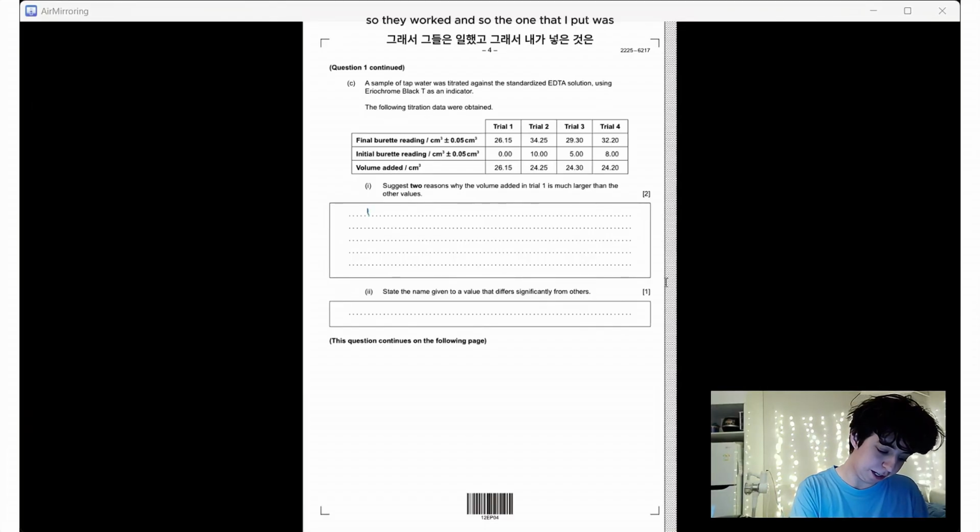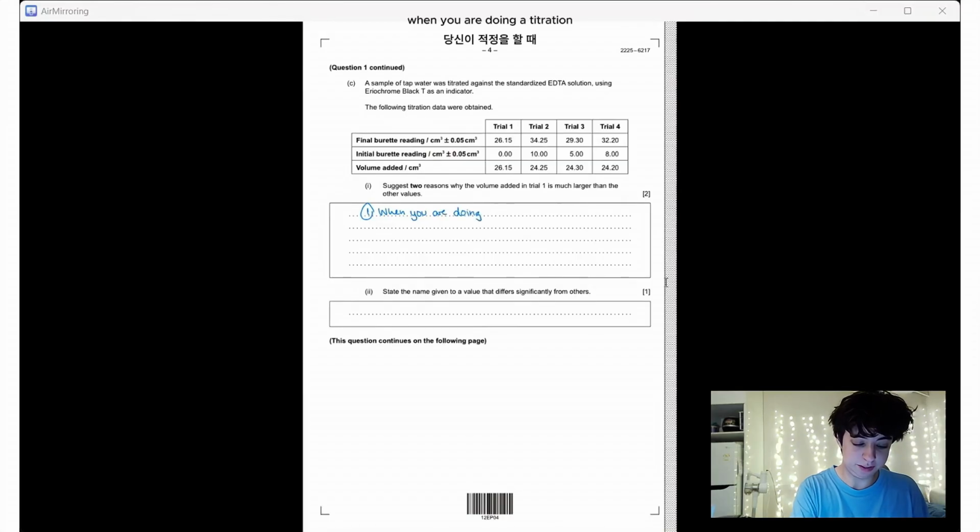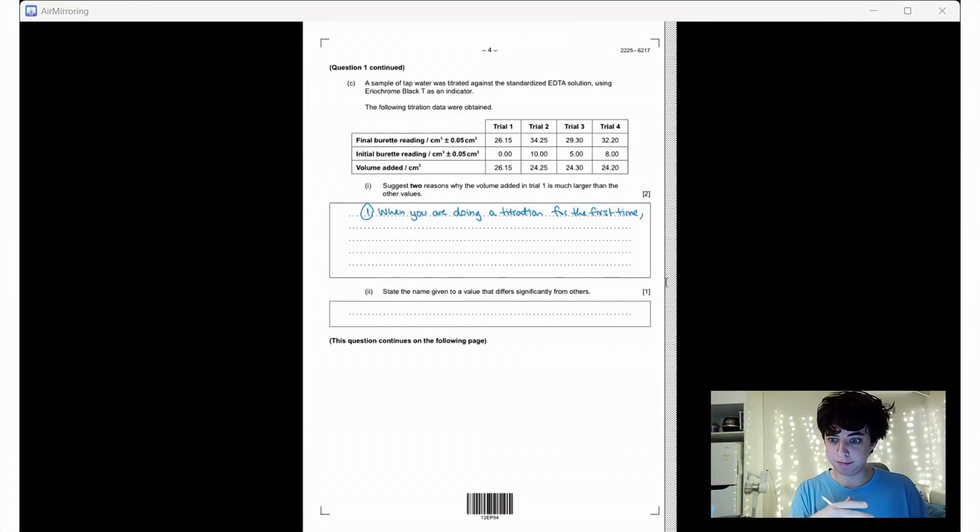The one that I put was, when you are doing a titration for the first time, it's very common to have a rough go at it.